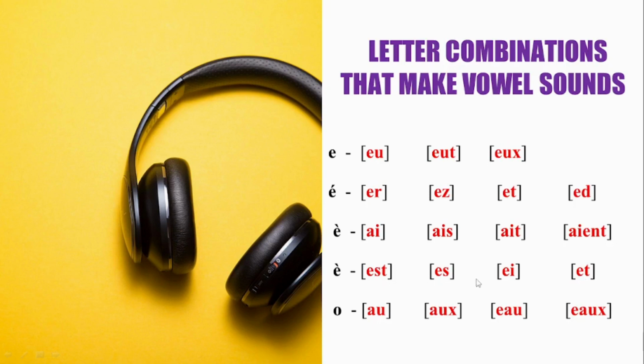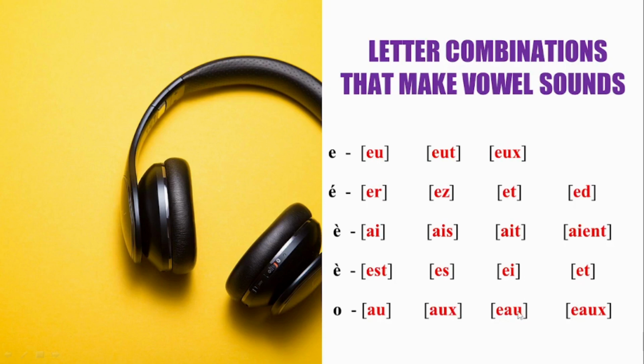EST, ES, EI, ET. All right. For letter combinations that create the O sound, you have AU, AUX, right? Because X is silent at the end of words.